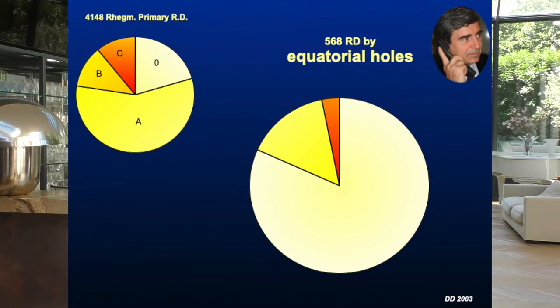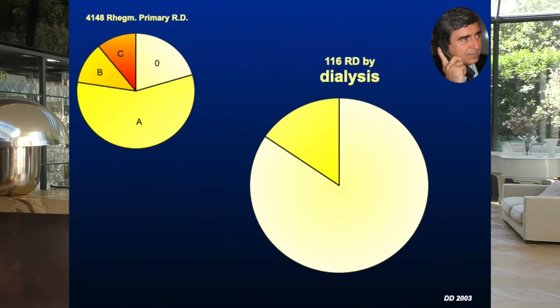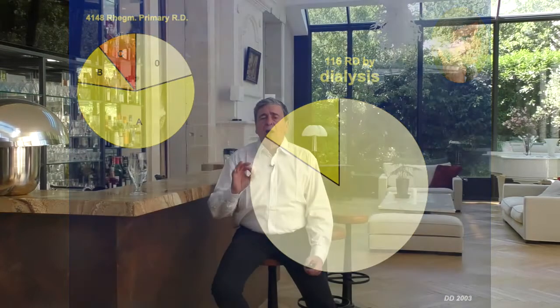There is roughly 15% stage A and even 3% stage C1. Same thing for macular hole detachment, even if the number of stage A and C1 decreases. As for detachment by dialysis, a small number are found in stage A.